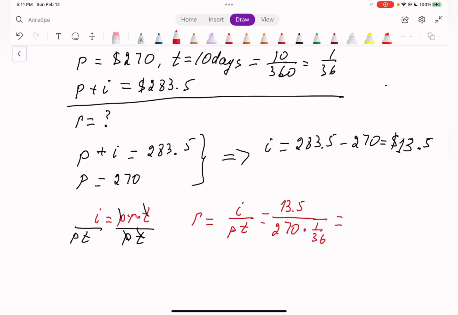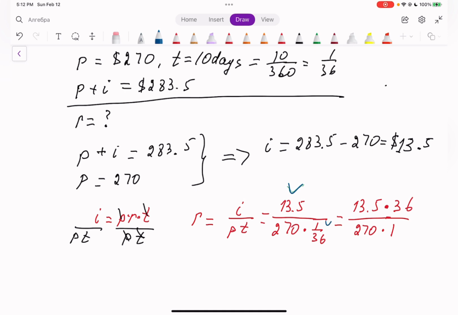Let's do the math. If I do the math, it's going to be 270 times 1 over 36, and the 36 comes up because you have to flip the fraction, right? Practically what I am doing, I'm taking 13.5 and dividing by 1 over 36, which means I can flip.